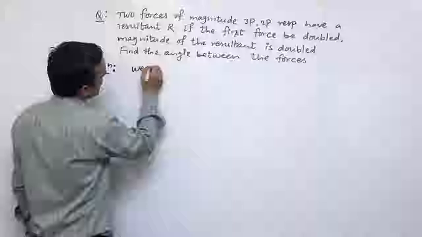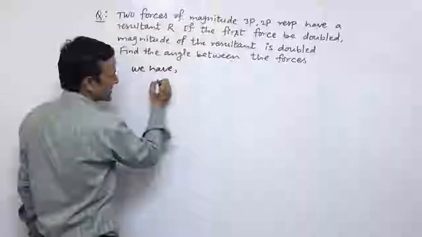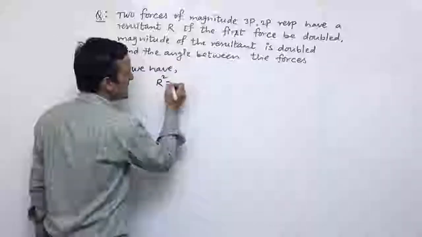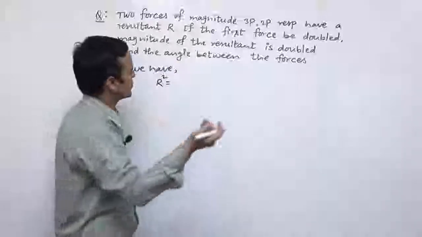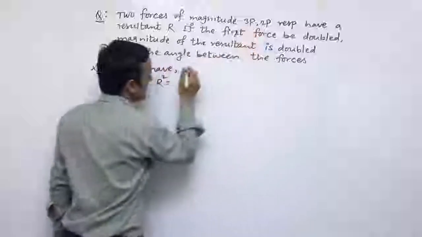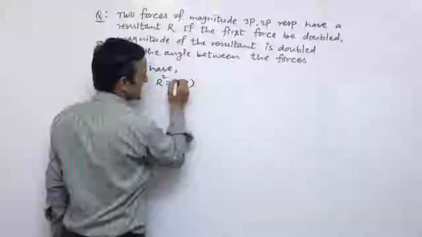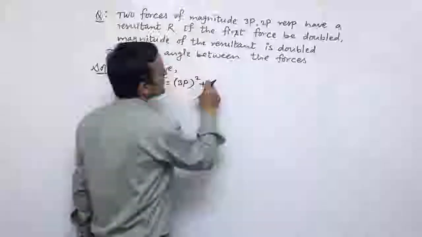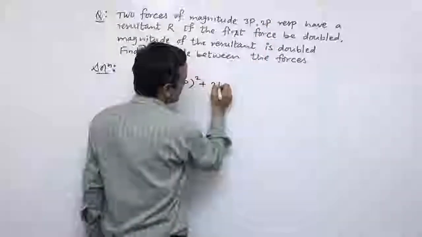So we have the formula of resultant is this. So R square is equal to P square. First force's square means we have 3p. In place of P we have 3p. So write down 3p square plus Q square, where in place of Q we have 2p.